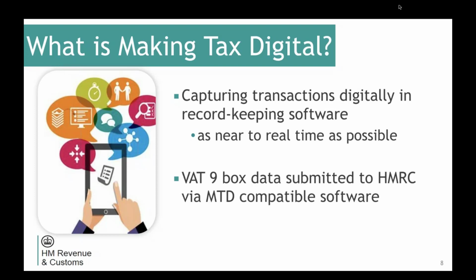And then when all that information is recorded, there's the same VAT 9-box data submitted to HMRC through the compatible software. So we're not asking for any further information than is already submitted now. We're simply asking for it to be captured digitally and submitted to us through software rather than possibly being keyed into the HMRC portal.